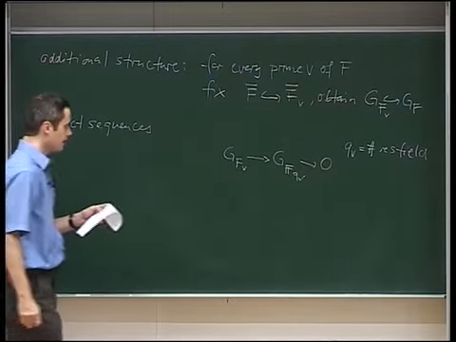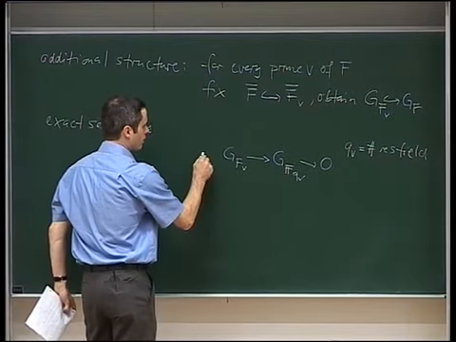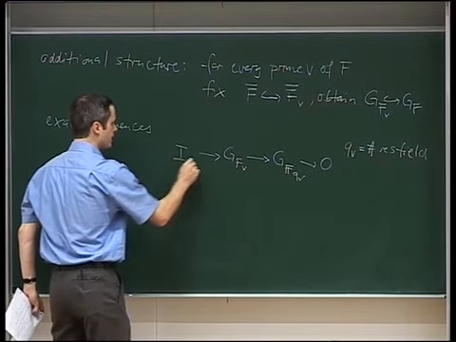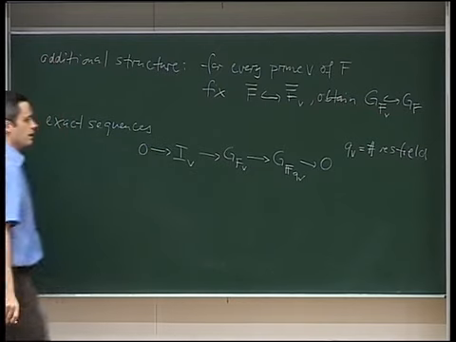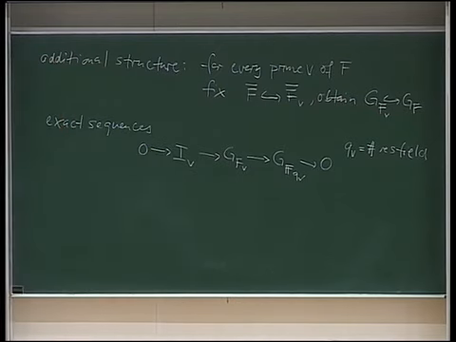And the kernel of this map is what we call the inertia group, and I'll denote it by I sub v.